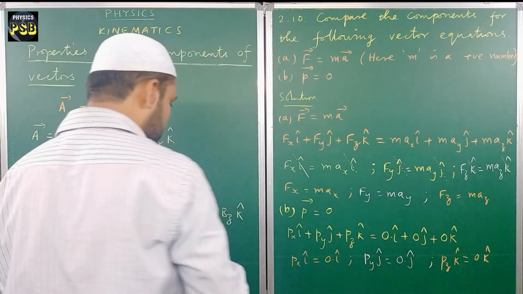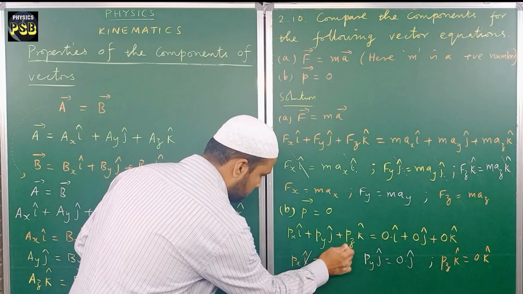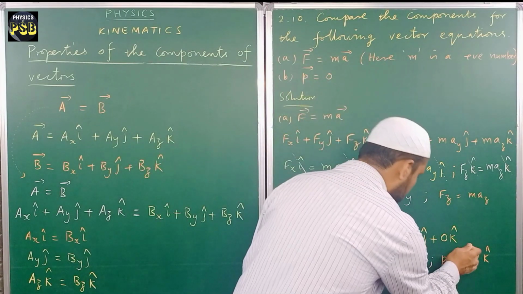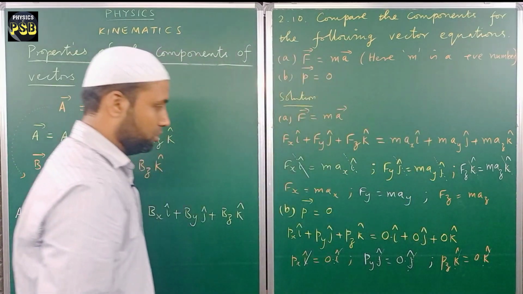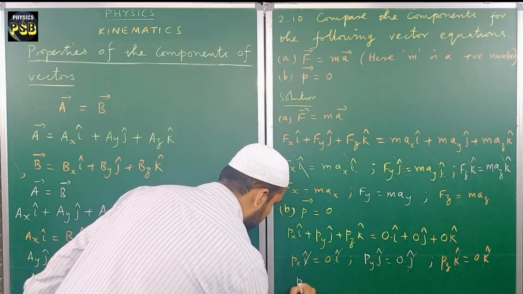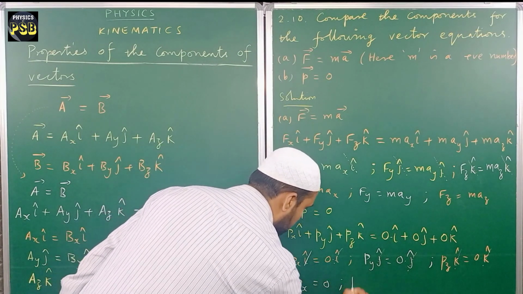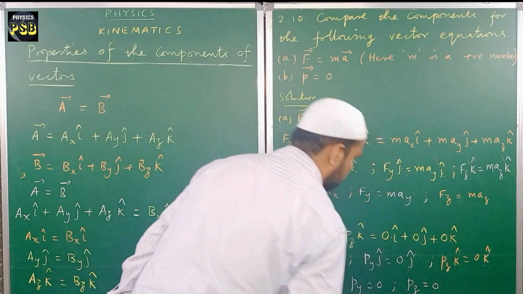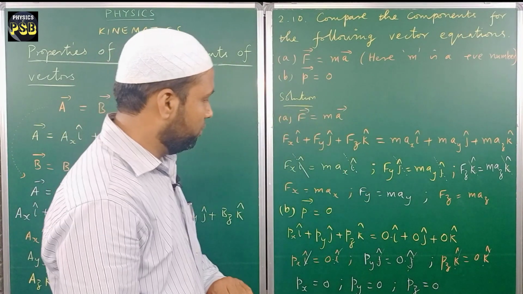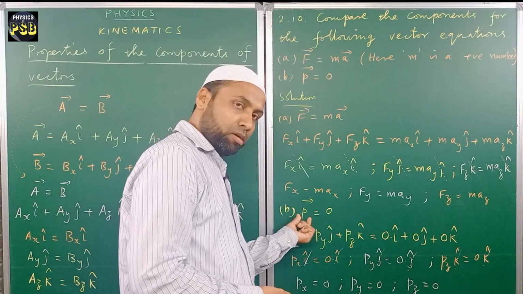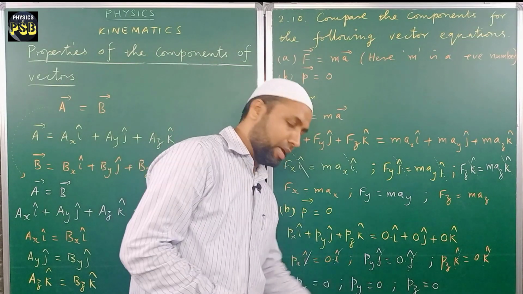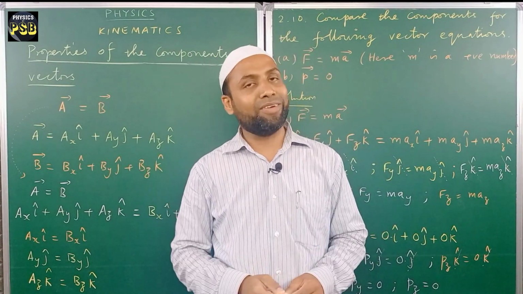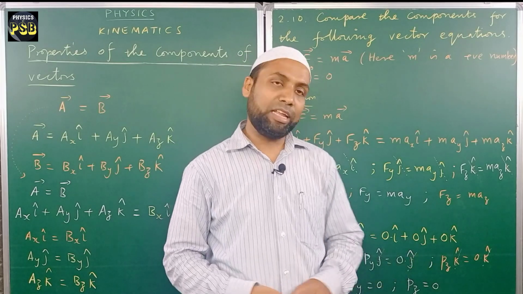Now similar terms can be cancelled here. So then what you get is this: Px is equal to 0, Py equals 0, and Pz equals 0. These are the components of momentum along the x-axis, y-axis, and the z-axis. This is how one can compare the components of a given vector present in an equation.